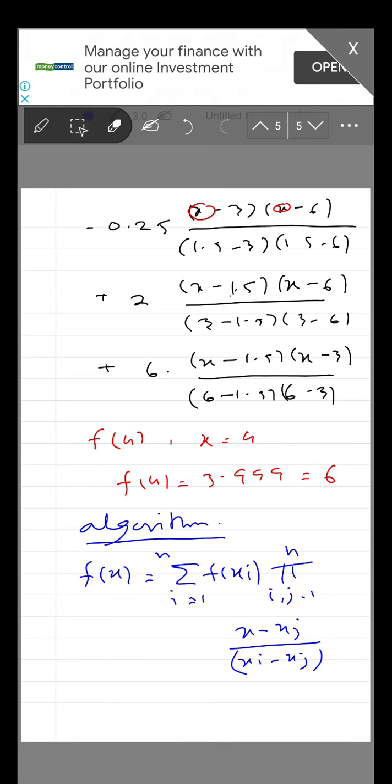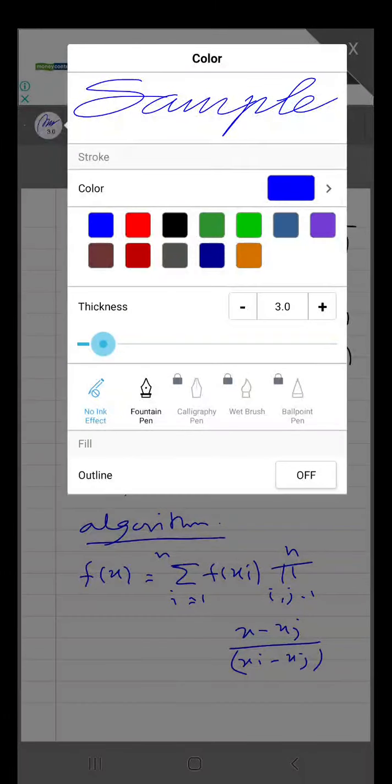Now for the algorithm, although it is n, we need to add an extra step so that the program actually stops. So we'll add an extra plus 1 here.